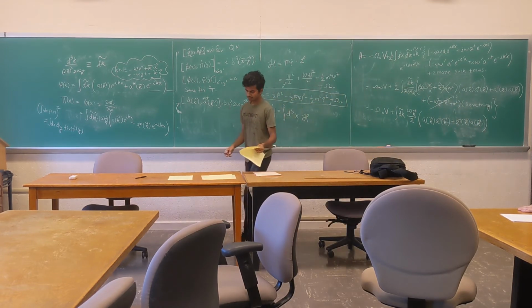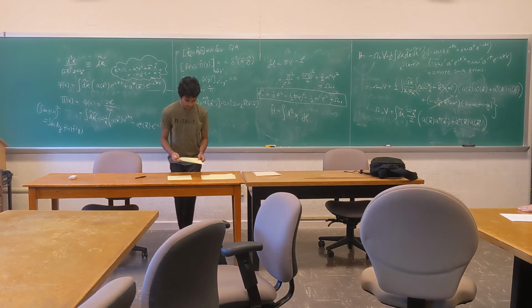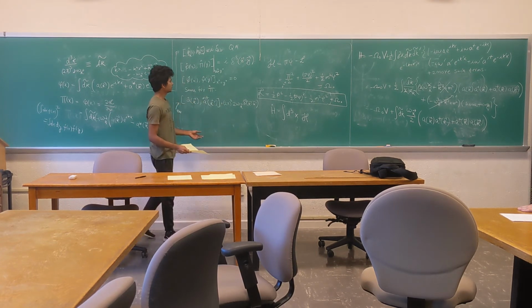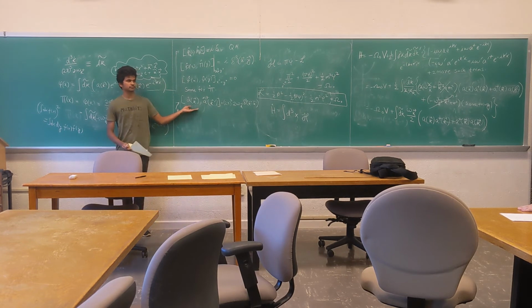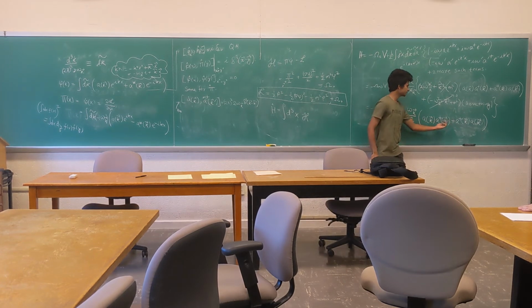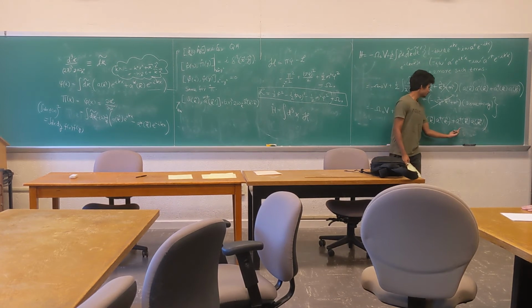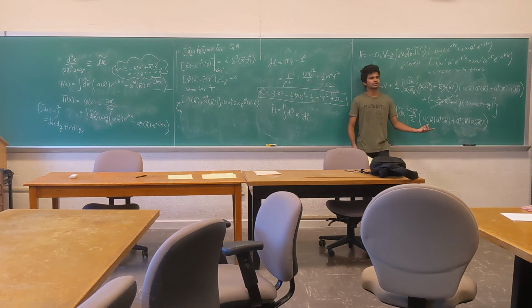So this is what we end up with. Now I want to rewrite this in terms of just a dagger times a. If you remember harmonic oscillators, the Hamiltonian is written as a dagger a.